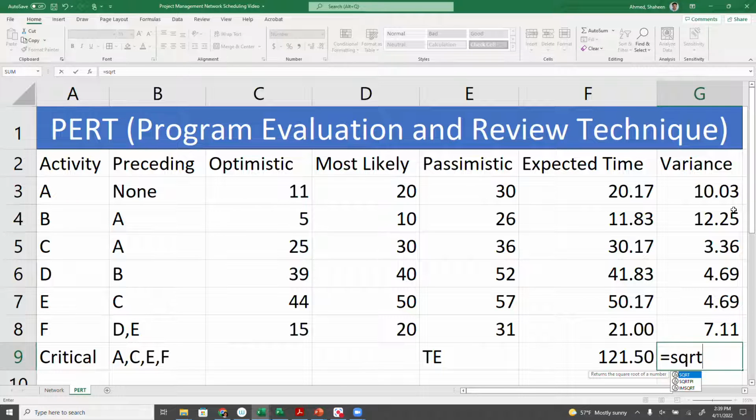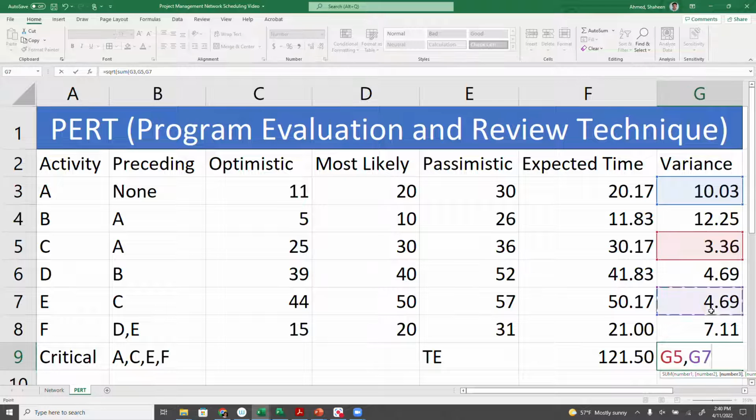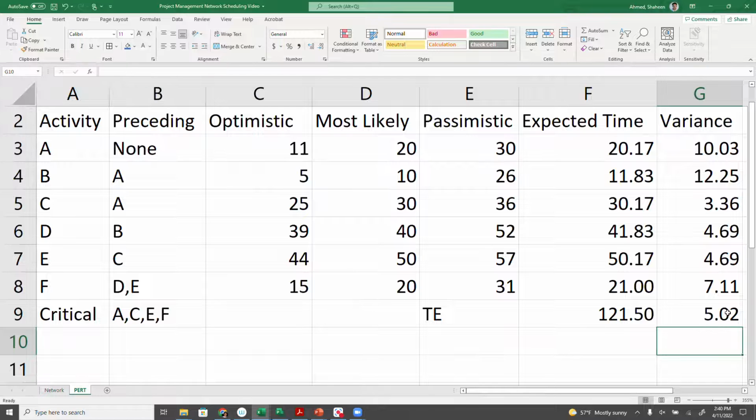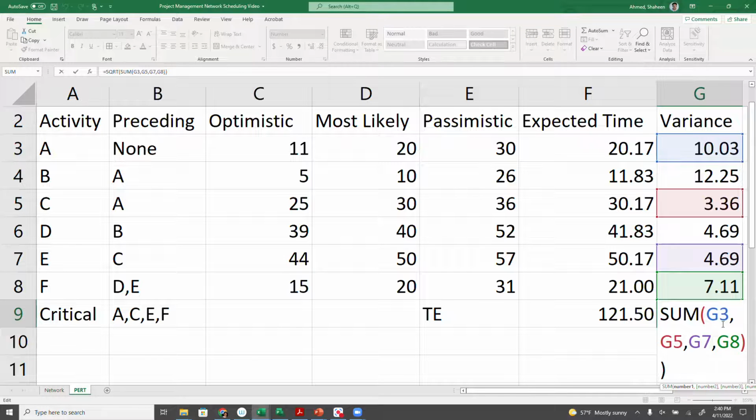So we'll simply do SQRT and then the sum of the critical path variances only, A, C, E, and F.